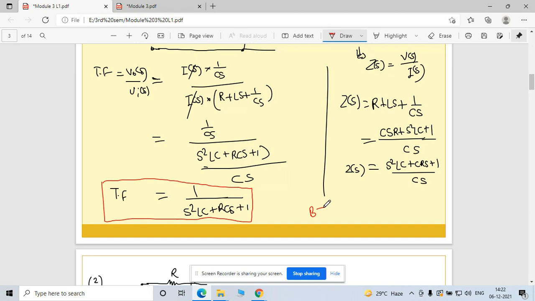Bounded input gives you a bounded output, right? Now see here, the roots of the numerator are defined as zeros, and the roots of the denominator of this transfer function are defined as poles.